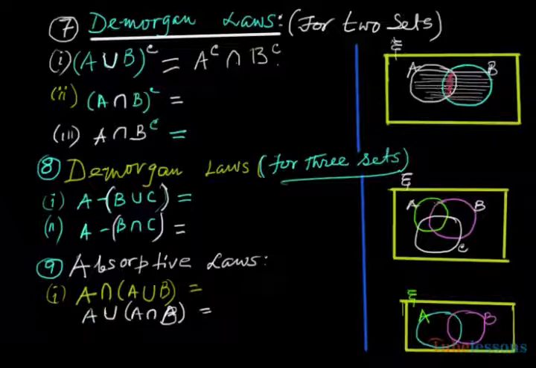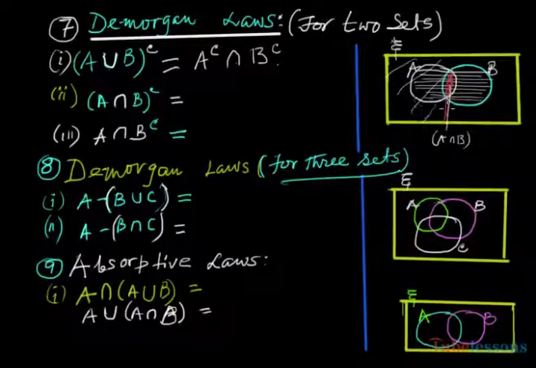So complement of A intersection B is outside of this intersection, that is A, this is A intersection B, and the complement of A intersection B is this one. And this is the portion which represents A complement union B complement. So we are getting two results for De Morgan's law for two sets.